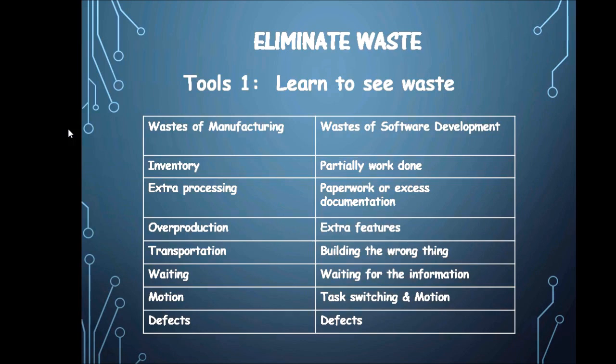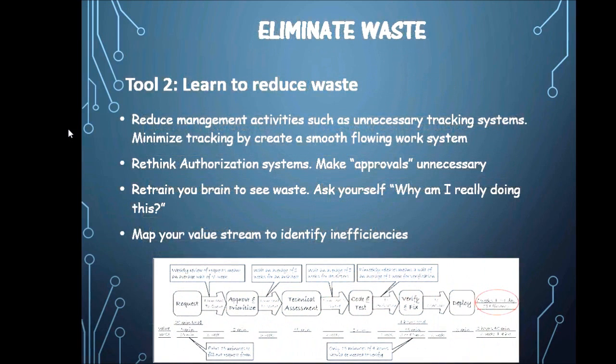The second one is extra processing, the paperwork or excess documentation. Overproduction, extra features. Transportation, building the wrong thing. Waiting, waiting for information. Motion, task switching. And last is defect.